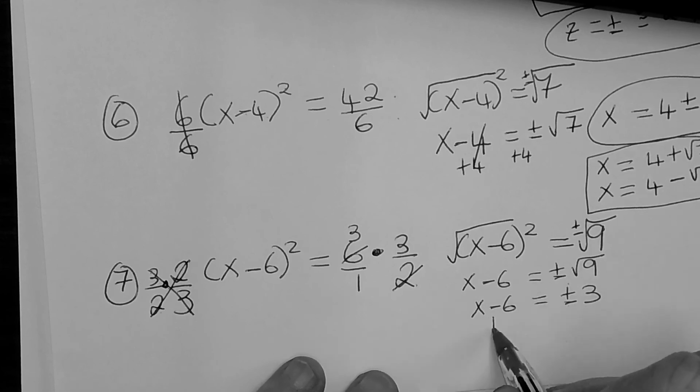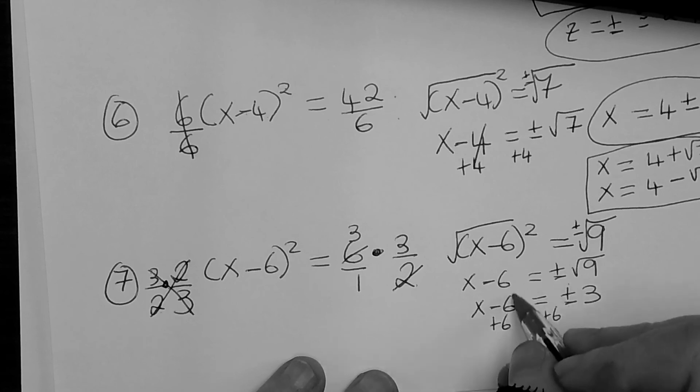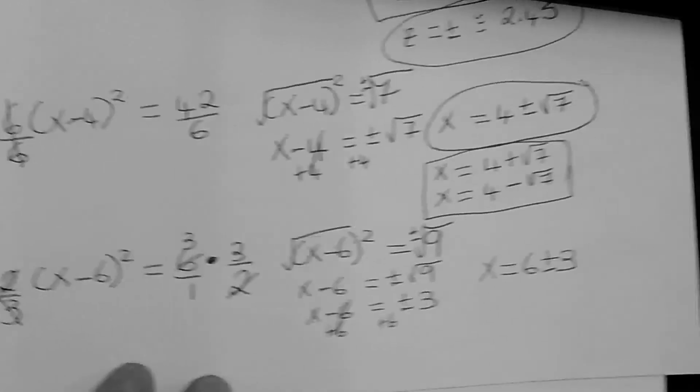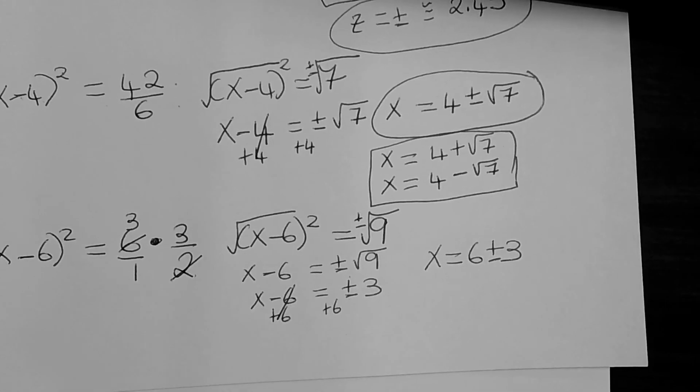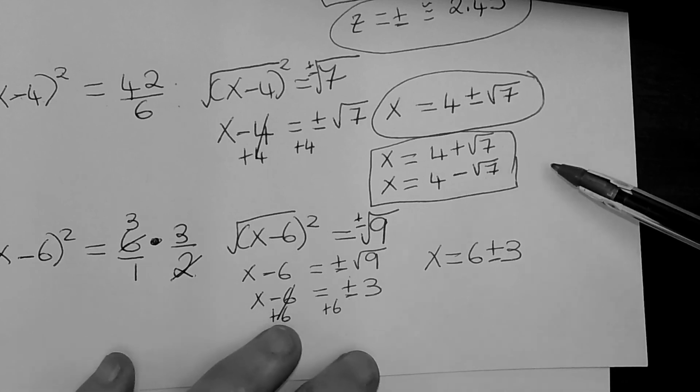Now I need to add the 6, and I add the 6 before the plus and minus. So x = 6 ± 3. Now you don't want to leave it like this because they're 2 answers. They're not irrational numbers where you had 4 minus the square root of 7 and you just left it like that.